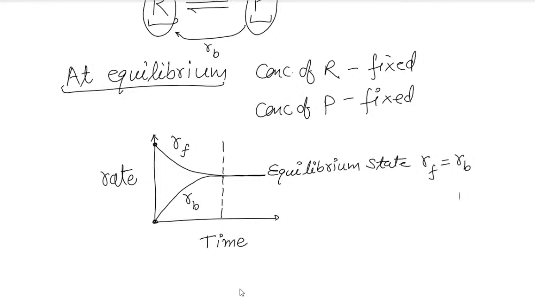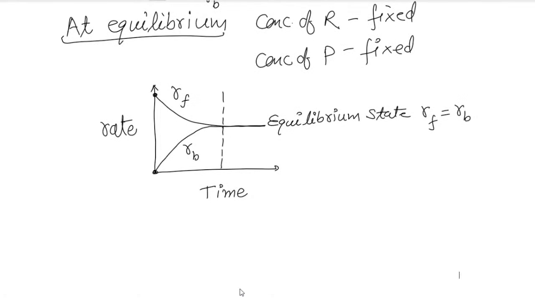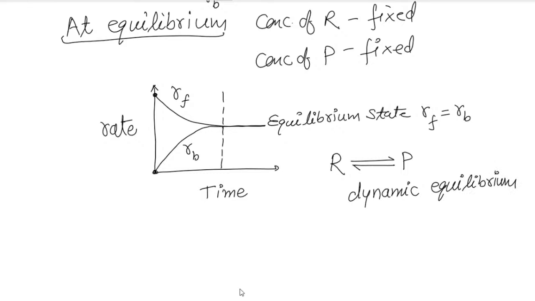That means rate of disappearance of reactants is exactly equal to the rate of appearance of reactants from the products. See, reactant disappears to form the product and product disappears to get the reactant back. That's it. This is called dynamic state. In chemistry, we are dealing with dynamic equilibrium only.